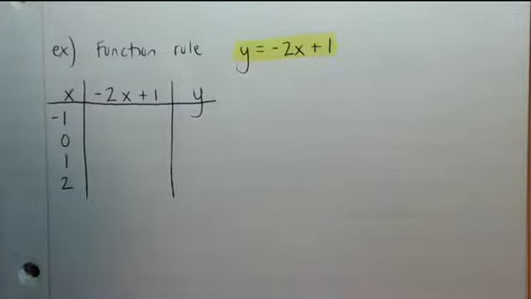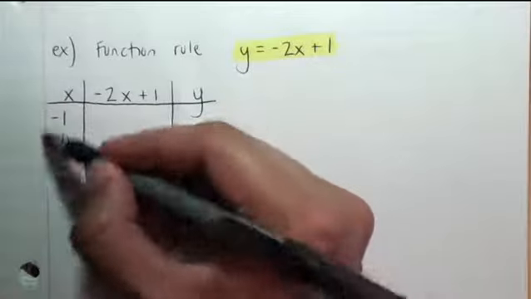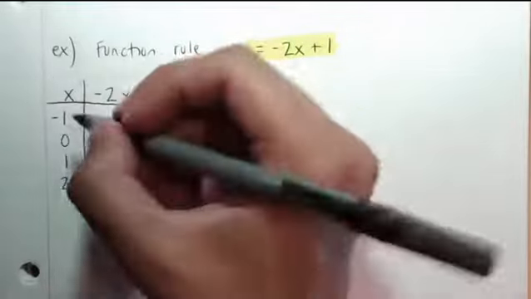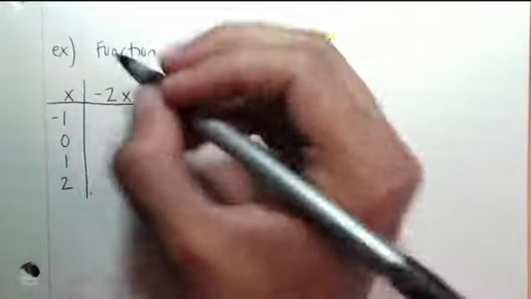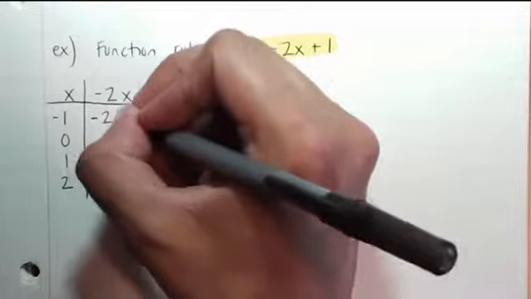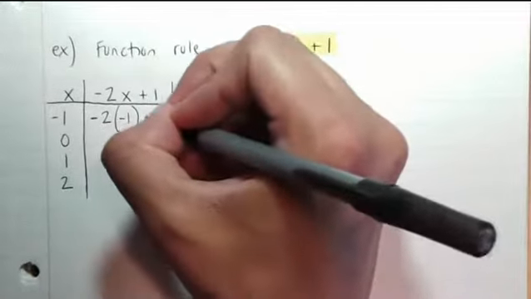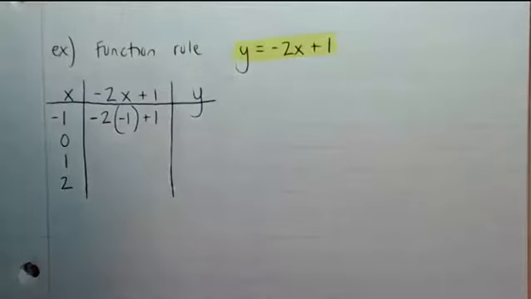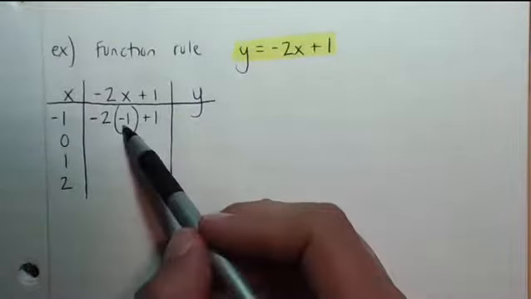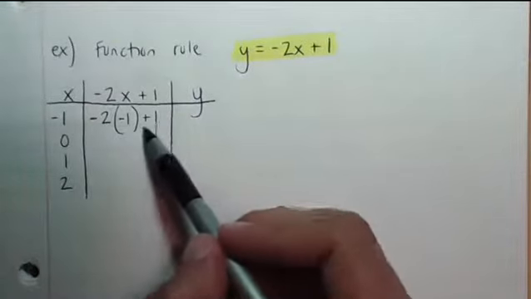So what I'm going to do is take these x's, our domains, our inputs, and input them into our equation. Now remember, whenever we substitute any number into our equation, we have to put parentheses around it. So now from here I'm going to solve. If I input negative 1, I have to solve this using GEMS.